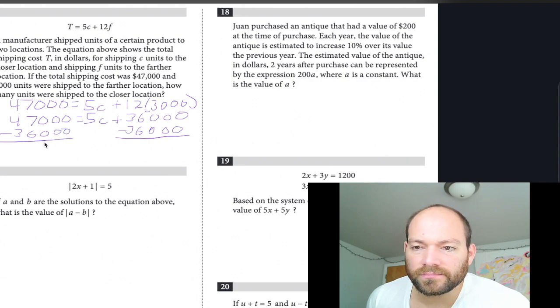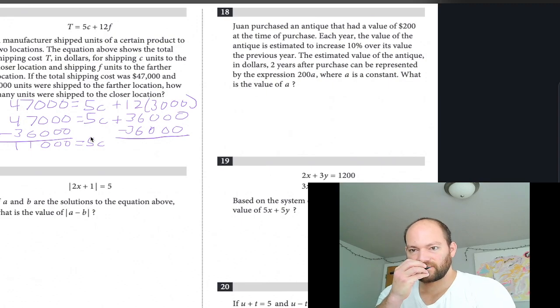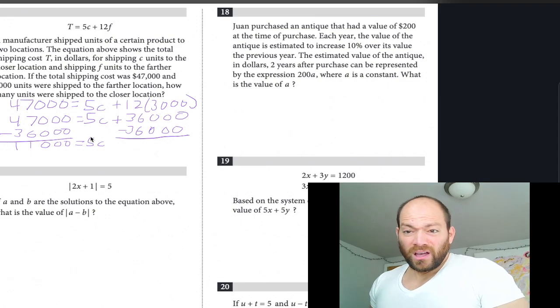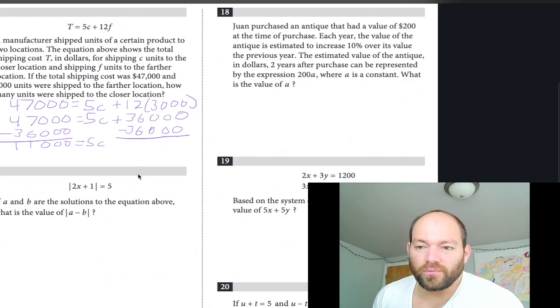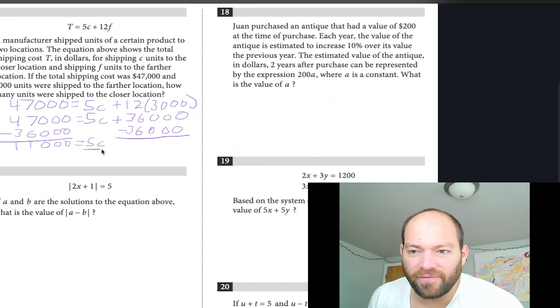All right. 7 minus 6 is 1. 4 minus 3 is 1. 11,000 equals 5C. Well, we can divide both sides by 5 to get C.